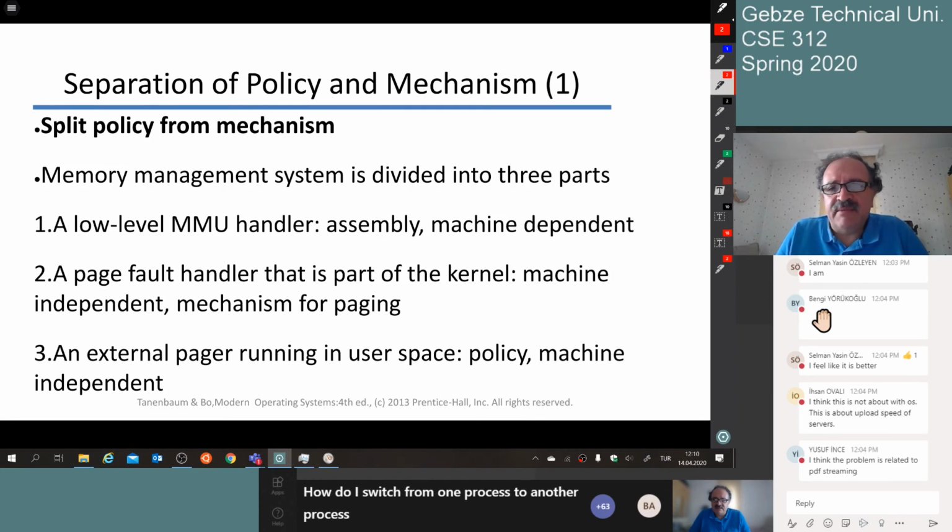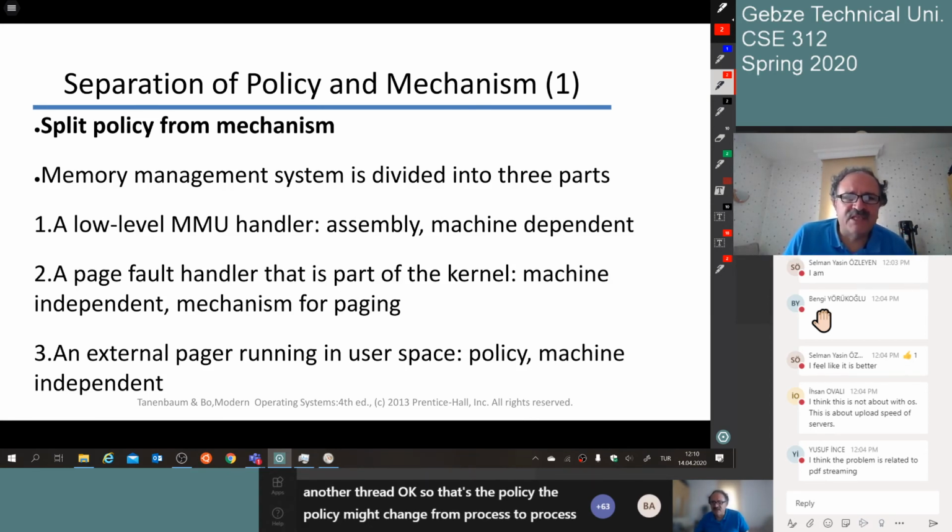That's important. But there is a policy too. Sometimes it is the application that makes the decision to switch from one thread to another thread. That's the policy, and it might change from process to process, from thread to thread.